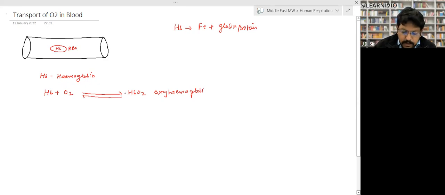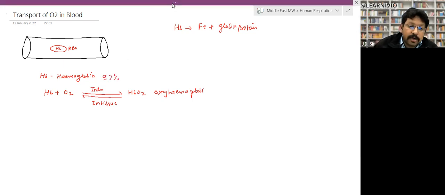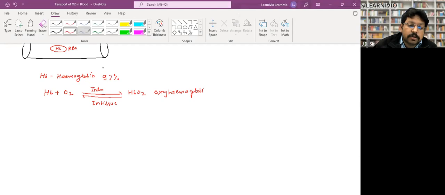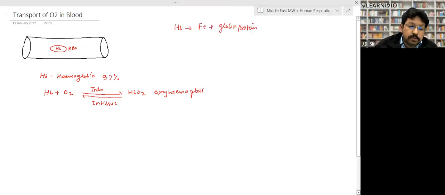In the lungs, it forms HbO2. When HbO2 reaches the tissue, it again breaks down and delivers oxygen to the tissue. Actually 97% of oxygen is carried in the form of oxyhemoglobin.